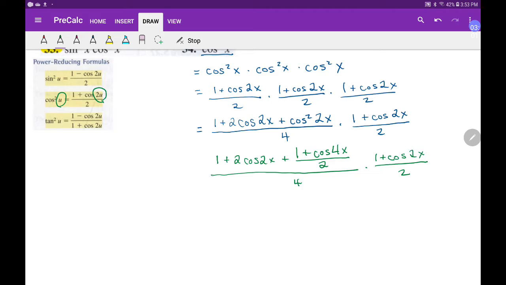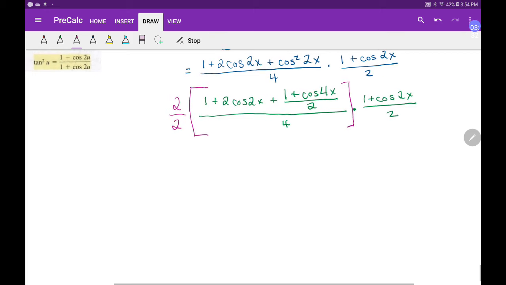Okay, and then let's see, I believe I will multiply everything by 2, top and bottom. This is multiplied, so I will not have to distribute the 2 over this part. Over this part, that's going to be left alone. But I will have to distribute the 2 over the other thing. So I'm going to multiply this 2 times the top and 2 times the bottom. Okay, because I can't be having a complex fraction.